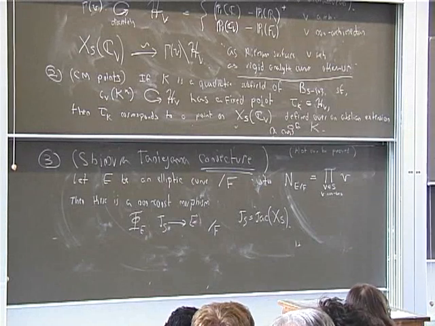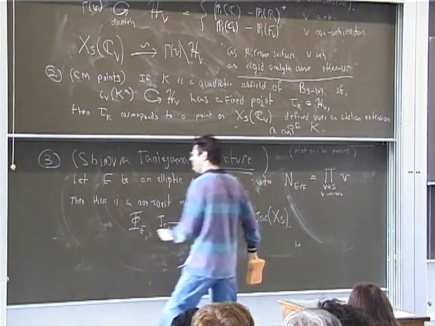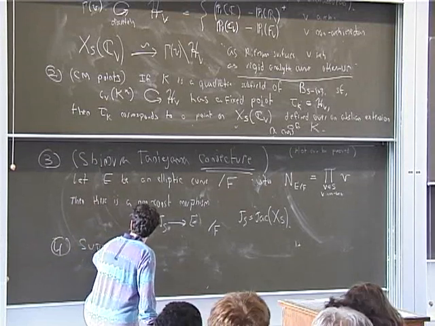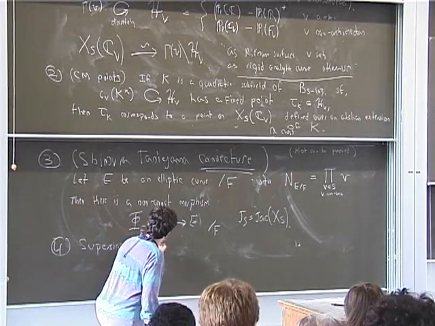Okay, let me just say one last thing about these facts, since I'm collecting a bunch of facts about these Shimura curves. You might also be interested in supersingular points on these curves.